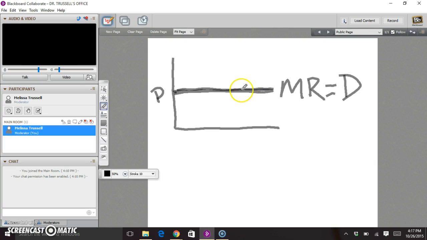And so that price then is my marginal revenue, which makes sense, right? Because for each additional unit that I sell, whatever the price of that unit is how much money I'm bringing in for that unit. So that is my revenue for each additional unit, or the marginal revenue.